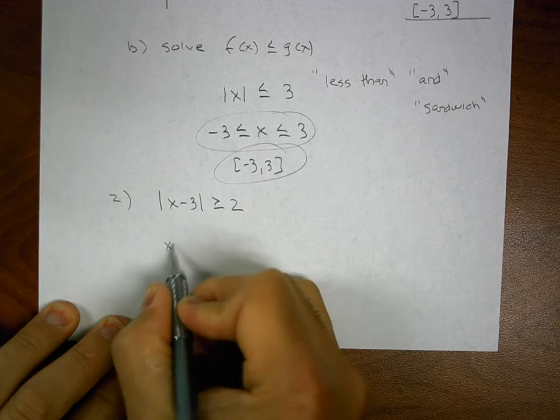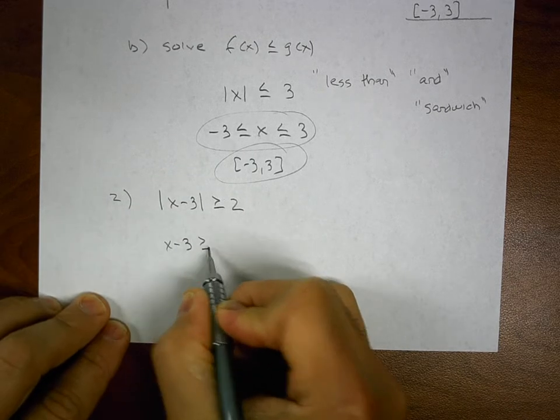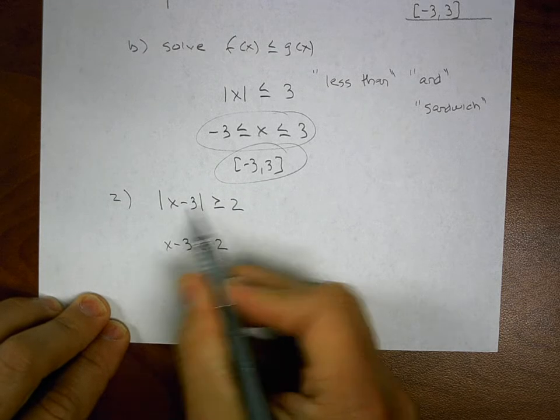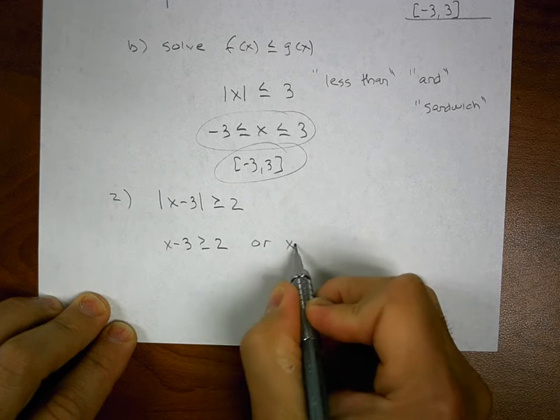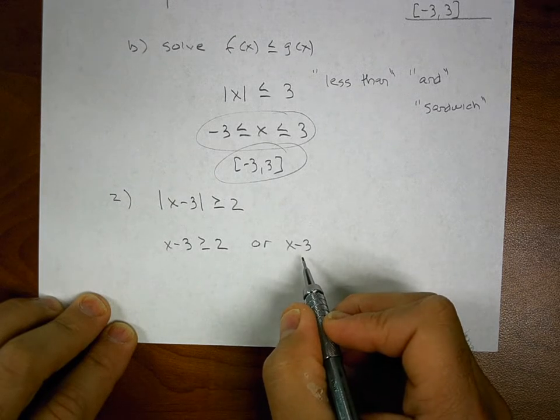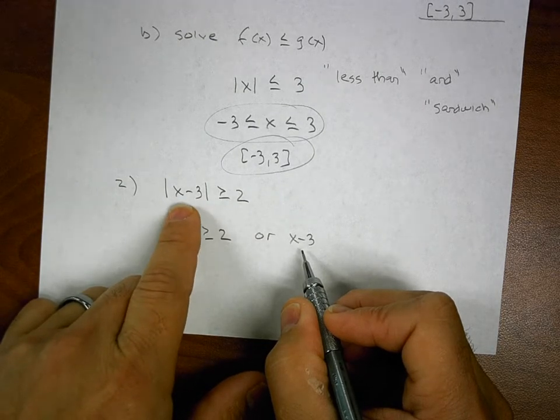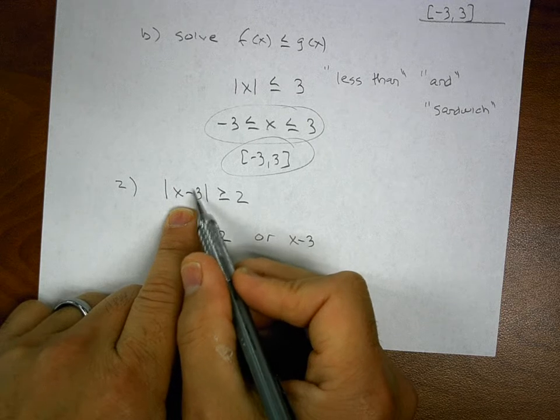This x minus 3, this thing in there, could be bigger or equal to 2, because 3 works, 4 works, right? Or this x minus 3 can be what? What are some negative numbers that work? Negative 3 works, negative 4 works, right?